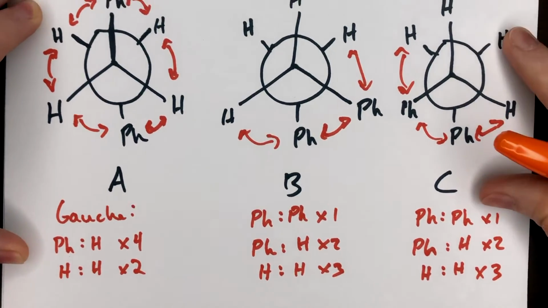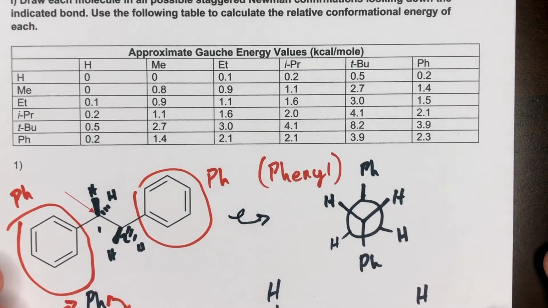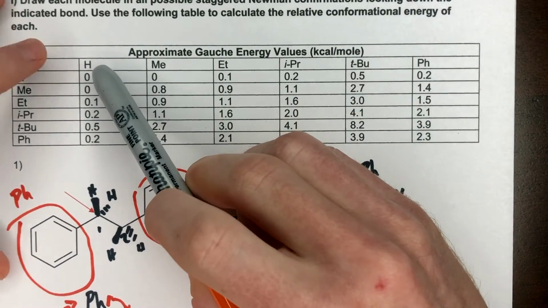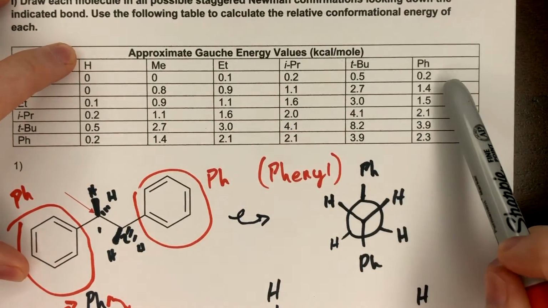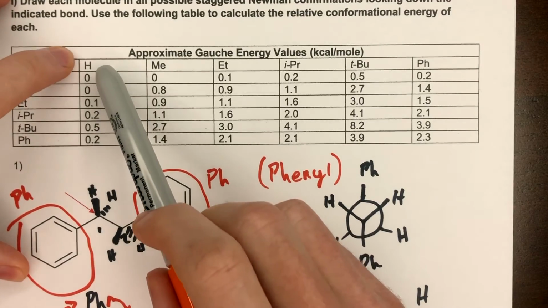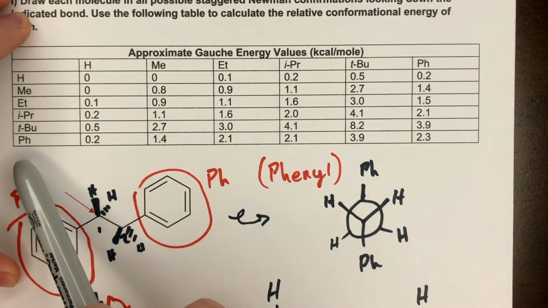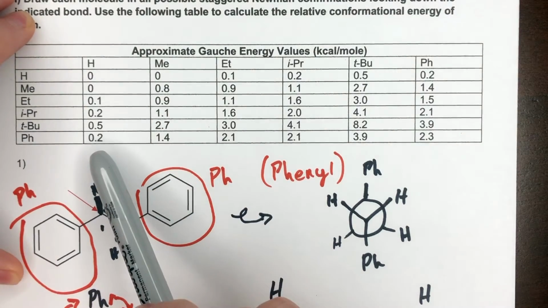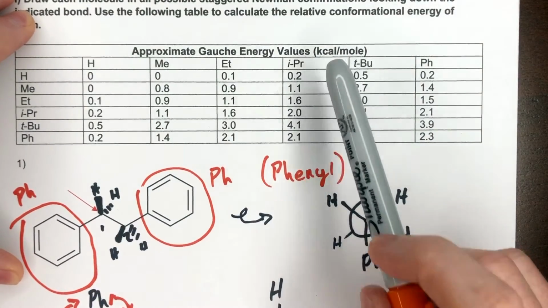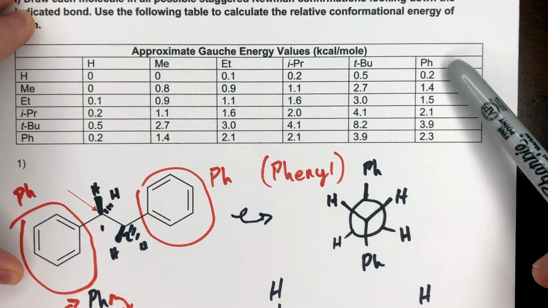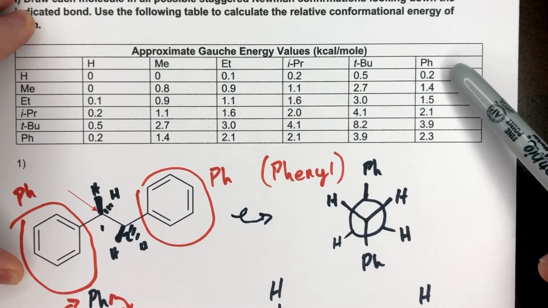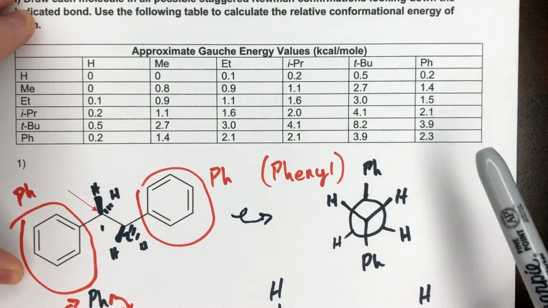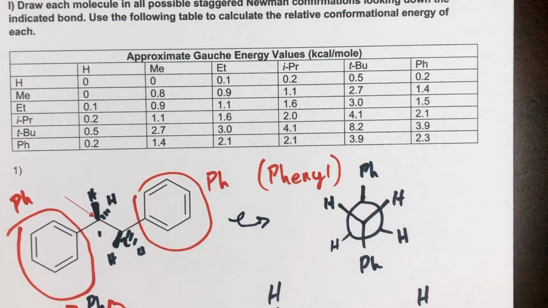There's 4 of them. So that's what we're looking for, a phenyl-hydrogen. You can start with the hydrogen, it doesn't matter, or the phenyl, either one. So this hydrogen, then you look for the phenyl on the vertical axis, so the hydrogen-phenyl interaction is 0.2 kcal per mole. Like I was saying, you could have started with the phenyl and then looked for hydrogen in this first row, so it's 0.2, and that's how you interpret this table.